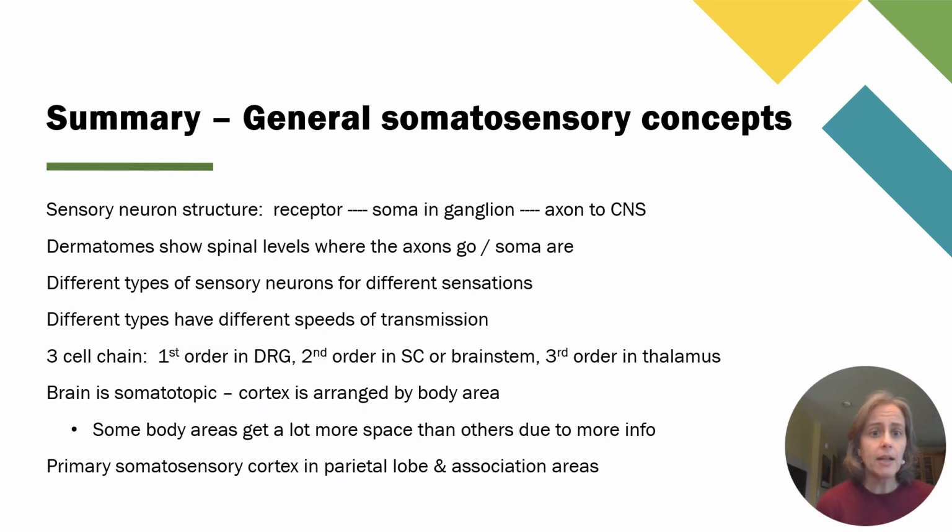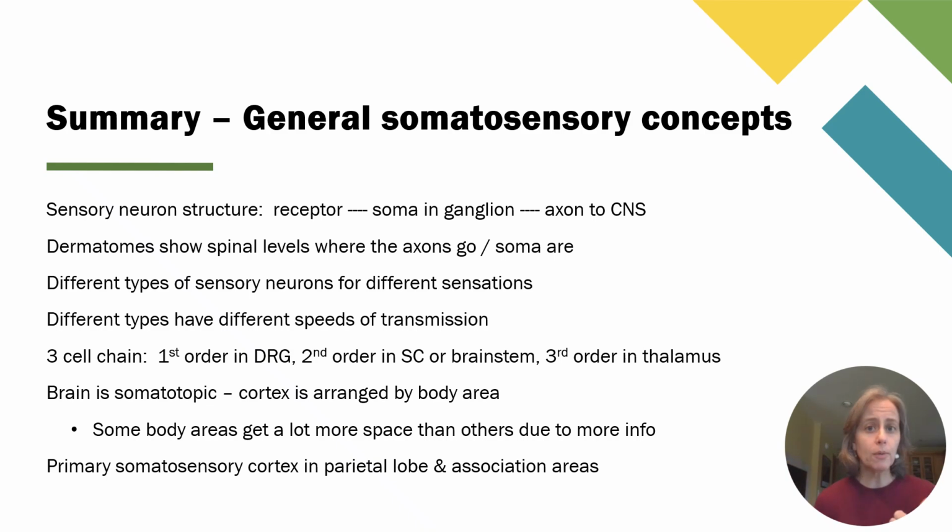So in summary, for the somatosensory system as a whole, we have the structure of the sensory neuron, which is that you have a receptor at one end, and then the axon starts, and then you have the soma or the cell body living in a ganglion somewhere, and then the axon continues and goes into the central nervous system.